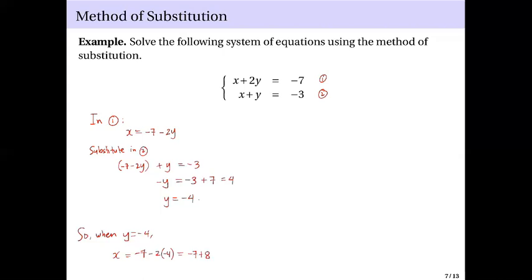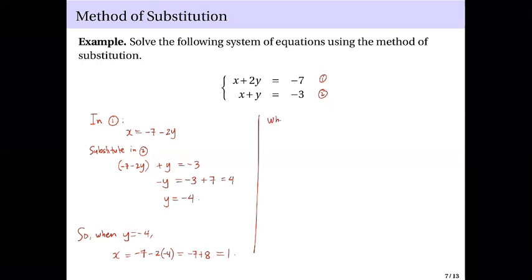And this is equal to positive 1. Okay? So we have y equals minus 4, x equals 1. So what's left to do is to check whether this pair here satisfies these equations.